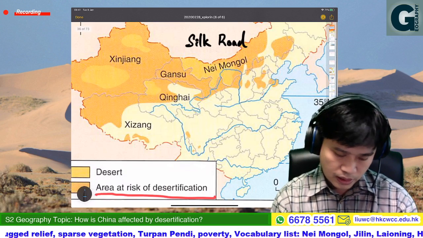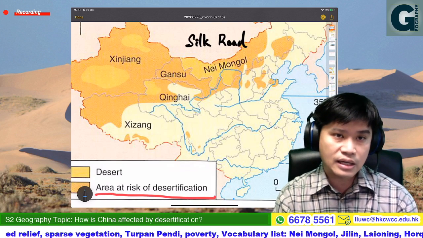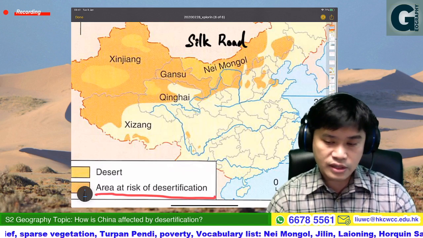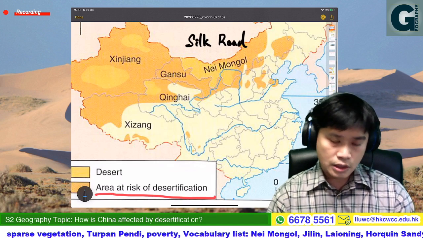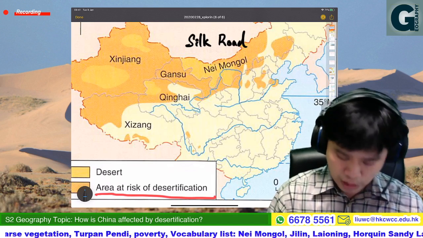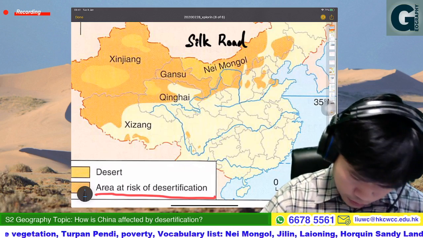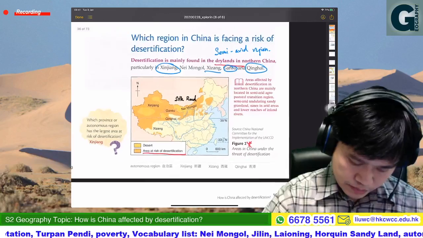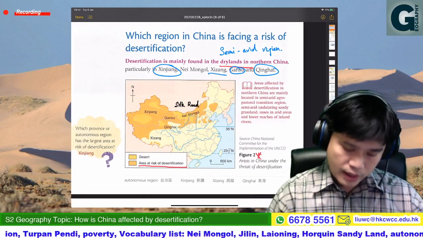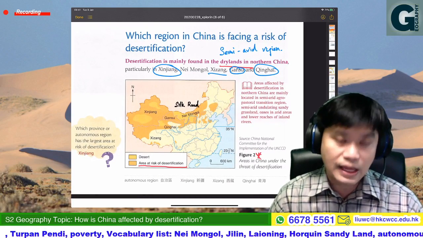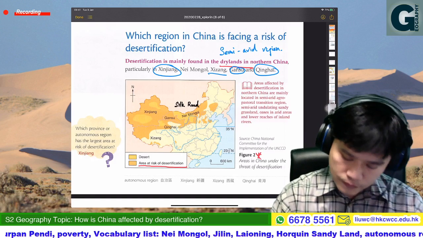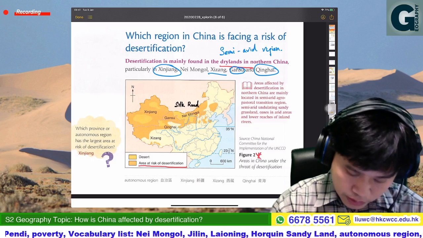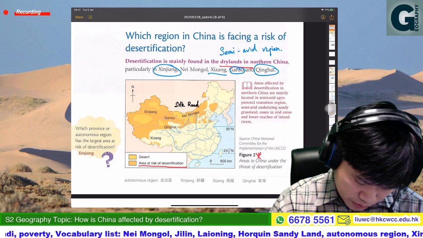And also Xizang, as the relief there is very high, so therefore it is also dry. So that would be about some places where desertification may easily take place, in the north of China, or you may say northeast.